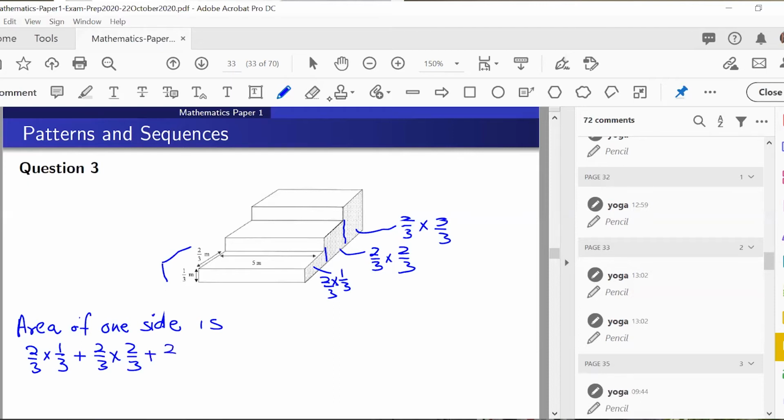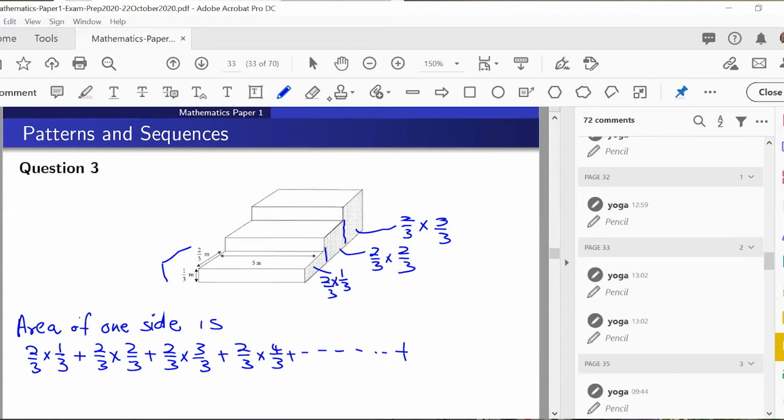Now the next area is 2/3 multiplied by 3/3, followed by 2/3 multiplied by 4/3.